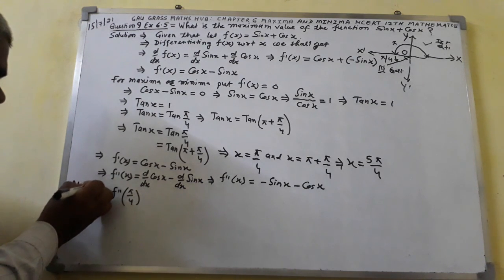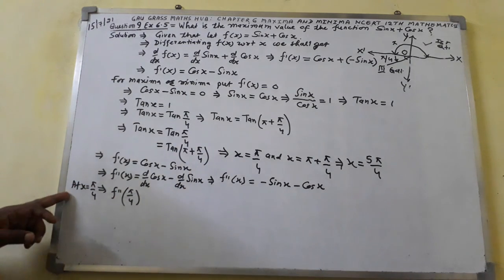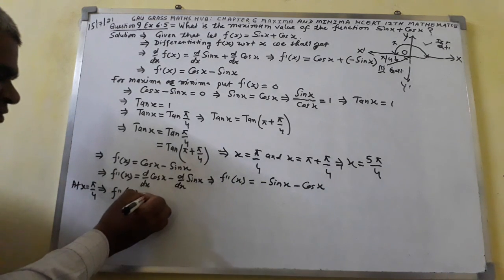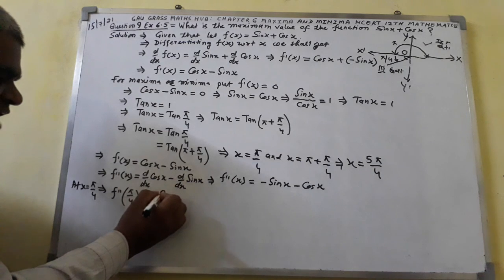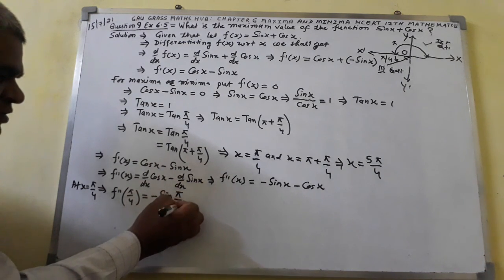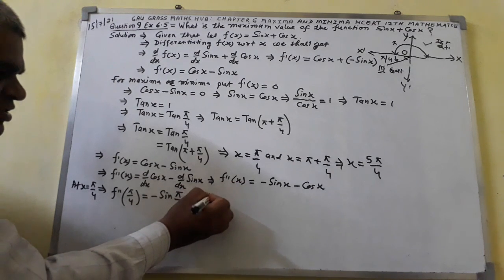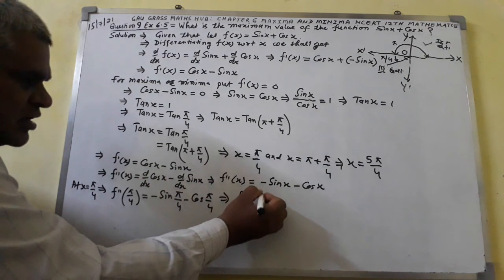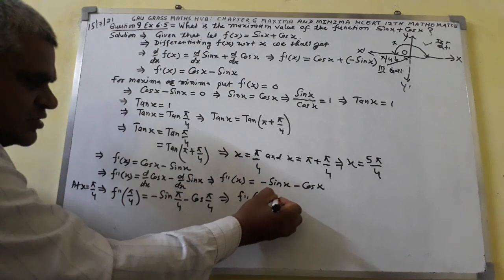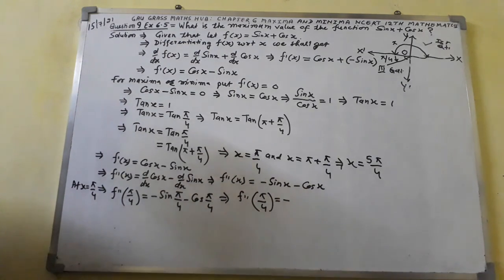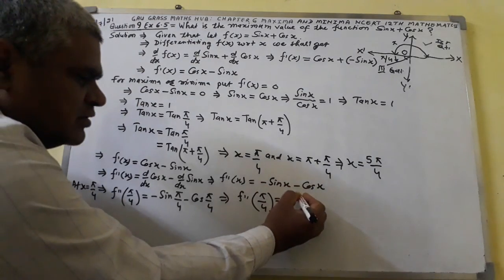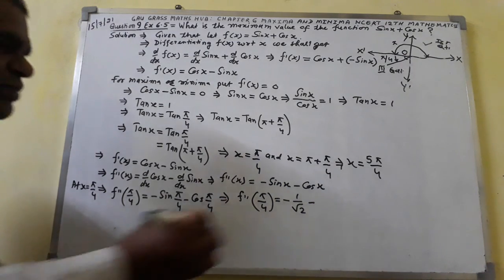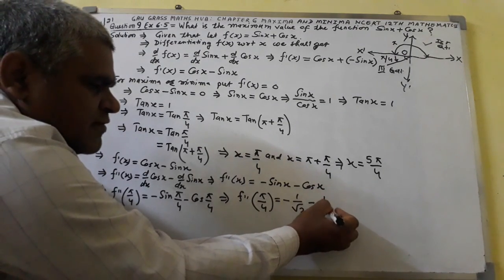At x equal to pi by 4, f double dash of pi by 4 comes out to be minus sin pi by 4 minus cos pi by 4, which is minus 1 over under root 2 minus 1 over under root 2.